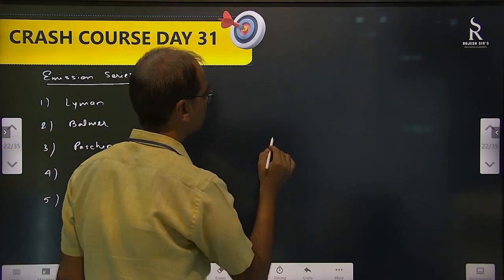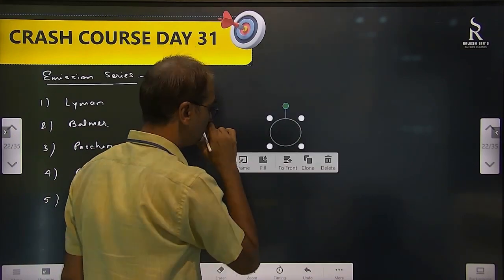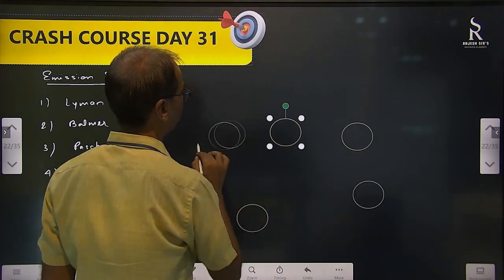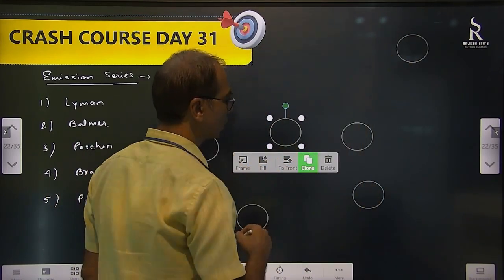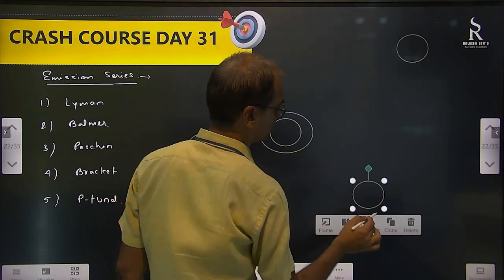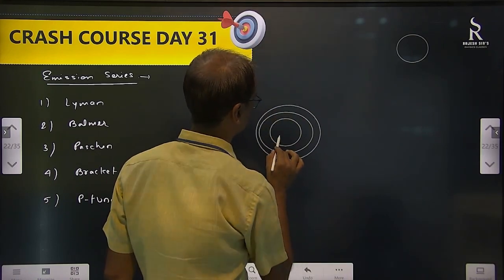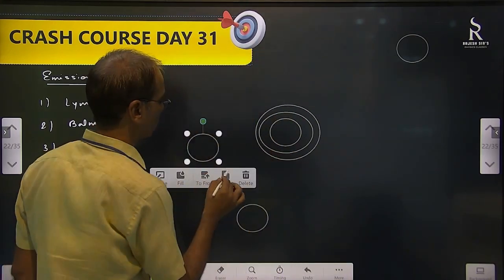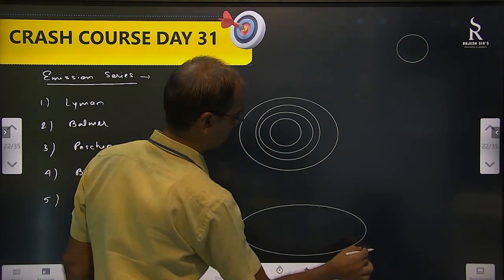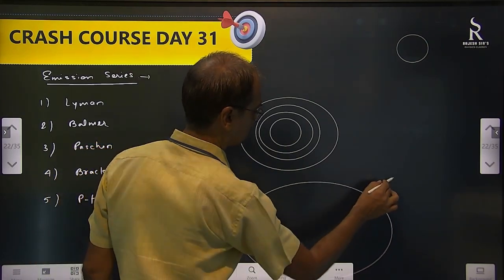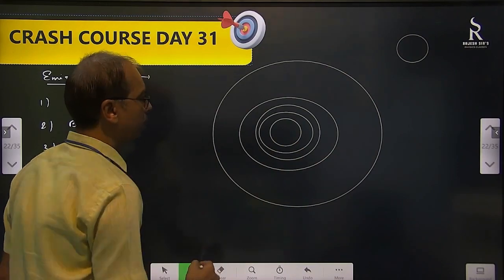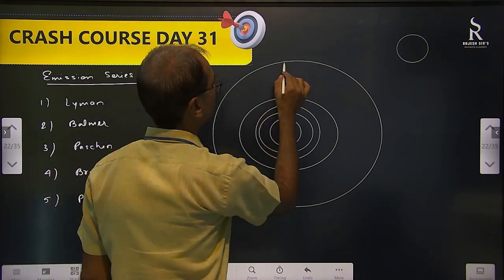Suppose we show it like this. This is the ground state. 1, 2, 3, 4, and one more, and in between maybe many more energy orbits are there.